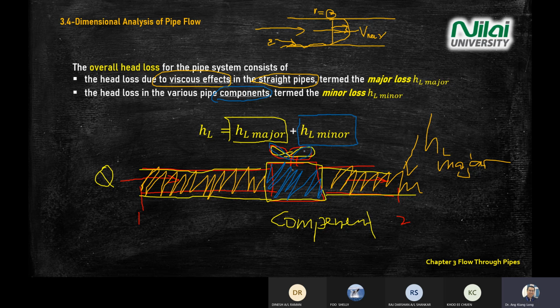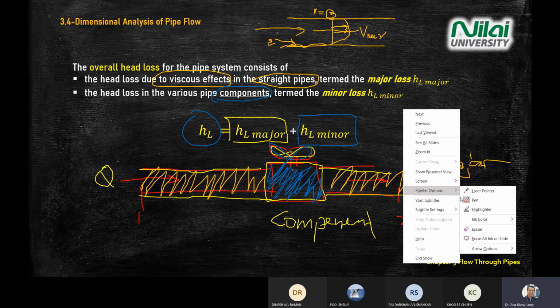Minor HL only considers this component only. Okay, so the total head loss means you need to add the yellow color plus the blue color. This is the head loss.